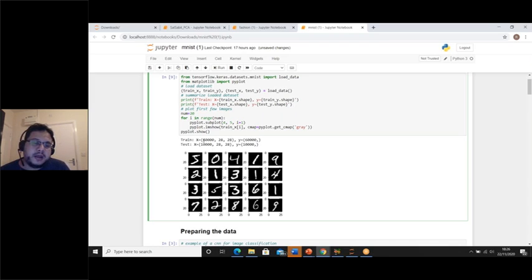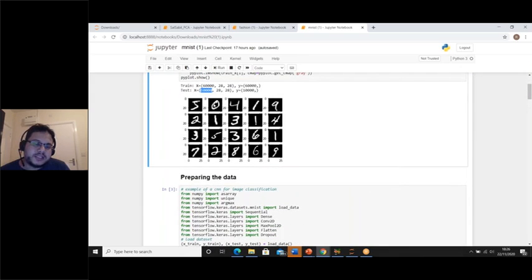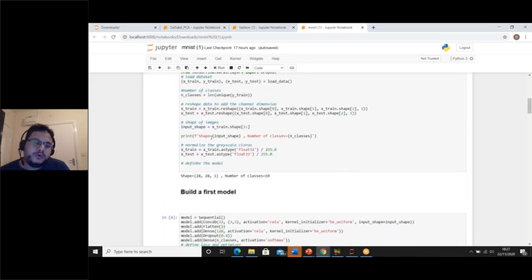The dataset consists of 60,000 images for training and 10,000 images for testing. 60,000 are what we are going to use to train, and we are going to test the results on the 10,000 images. To prepare the data, because the intensity of each pixel is between 0 and 255, where 0 means black and 255 means white, we rescale them.